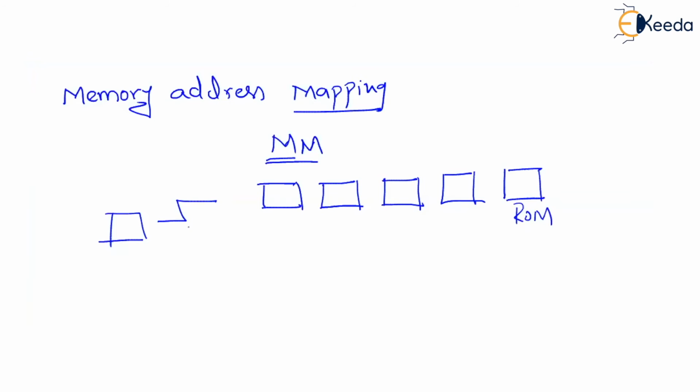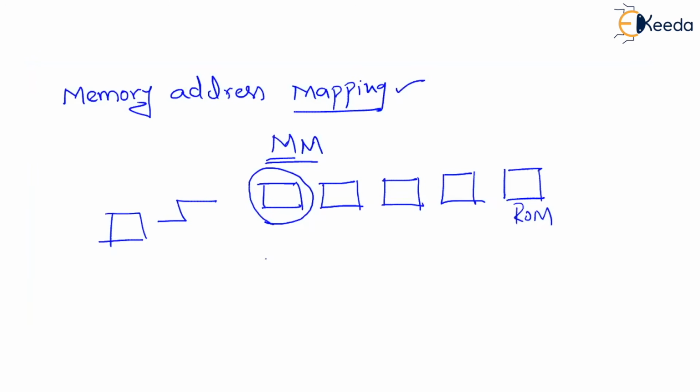But the CPU will have to select exactly one and only one chip for communicating. That is, the CPU can either transfer or receive data to and from the main memory. So in this process, the CPU should be able to select only one RAM chip or a ROM chip. This process is called memory address mapping.